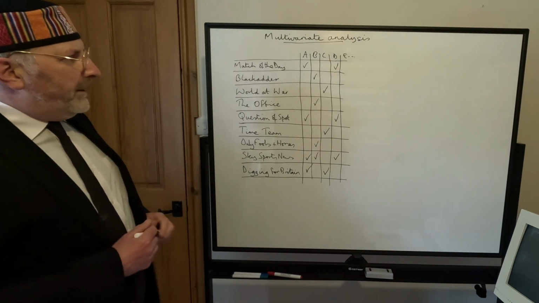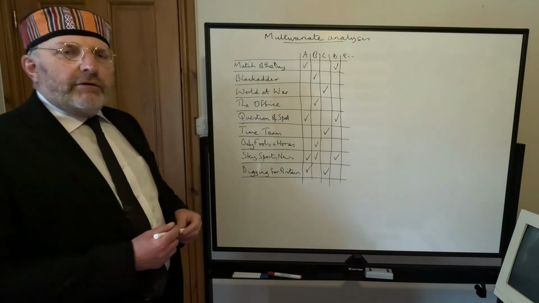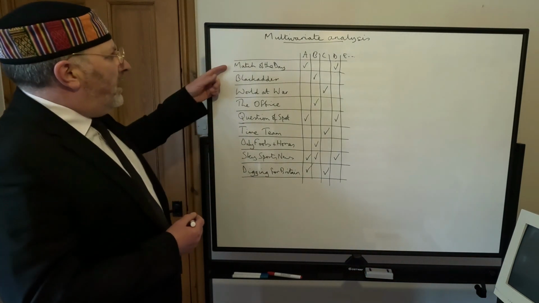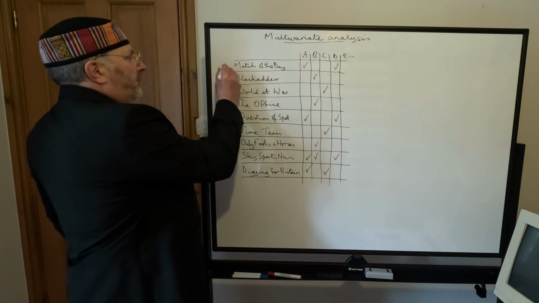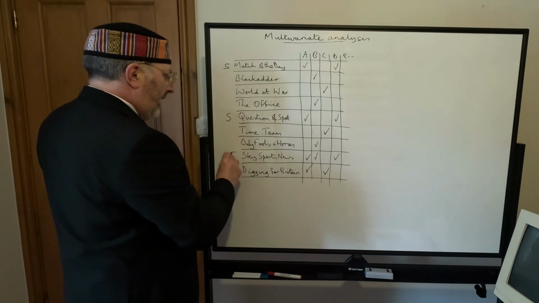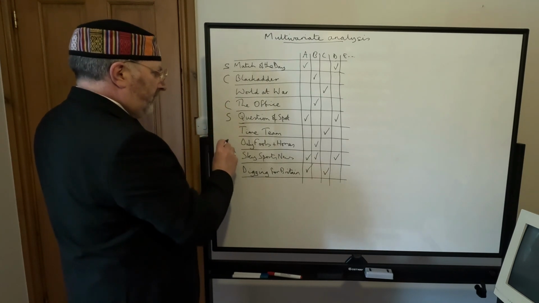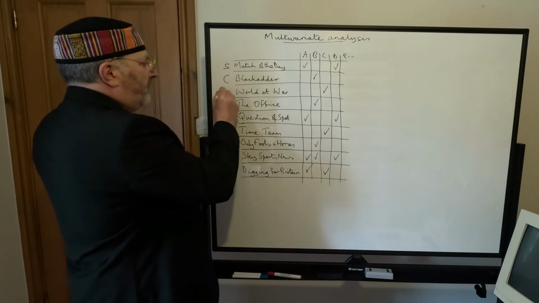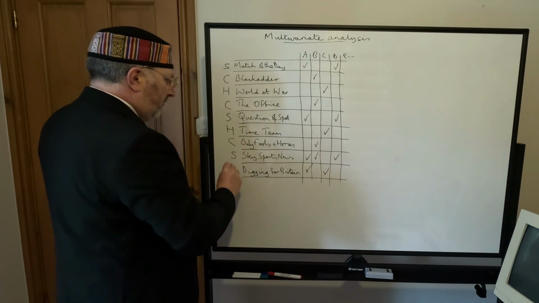And what we might notice when we do that is that these programs actually fall into a number of different categories. So we've got sports programs, for example, and we've got comedy programs, The Office, Only Fools and Horses, and we've got sort of history or history type documentary programs.